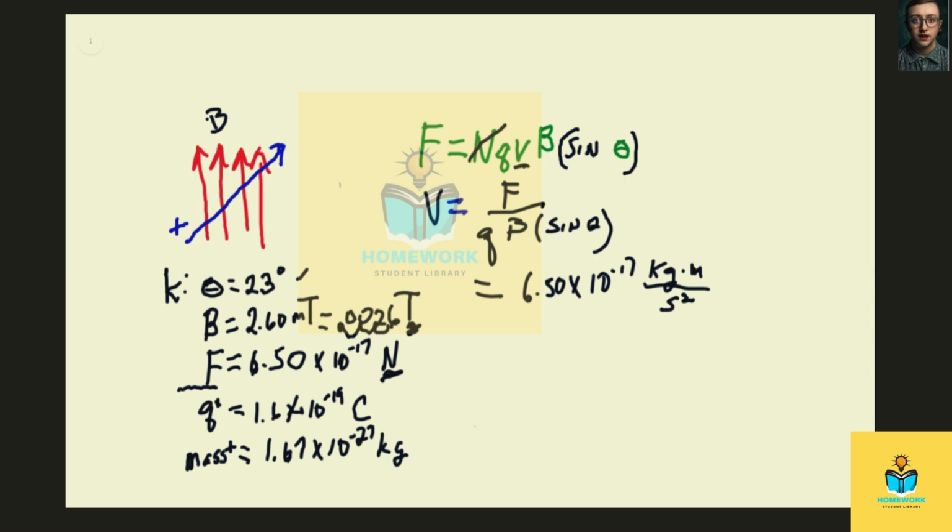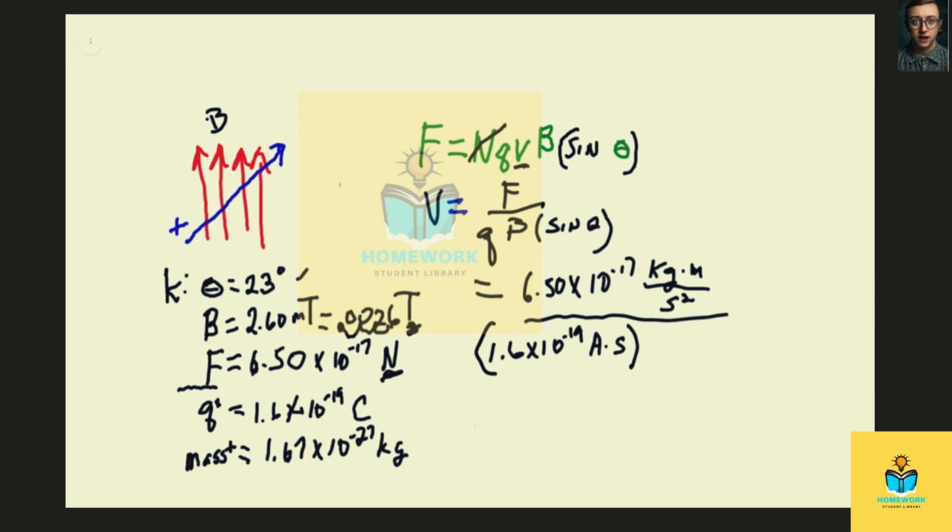And I'm going to divide this all by Q, which is 1.6 times 10 to the negative 19. Instead of writing coulombs, I'm going to write amperes times seconds, excuse me.